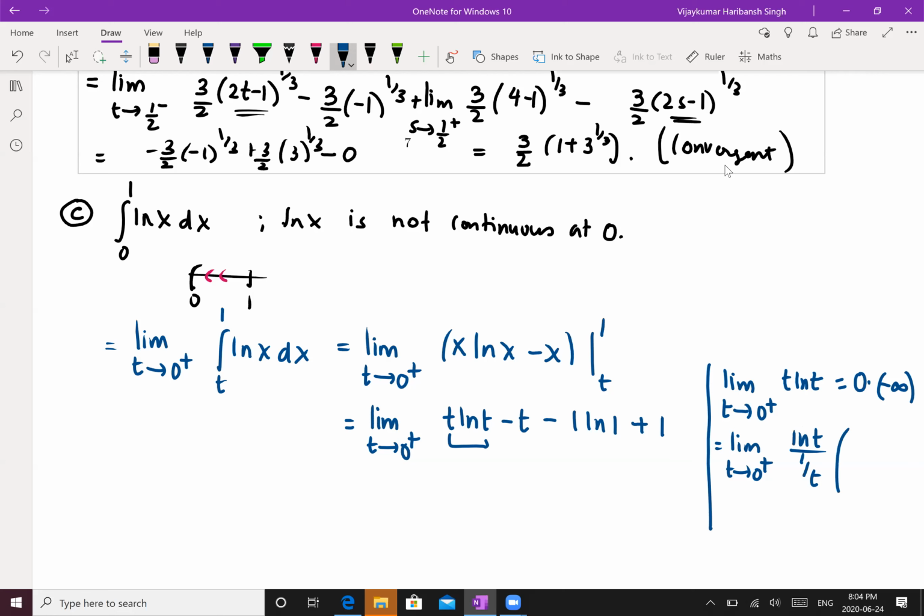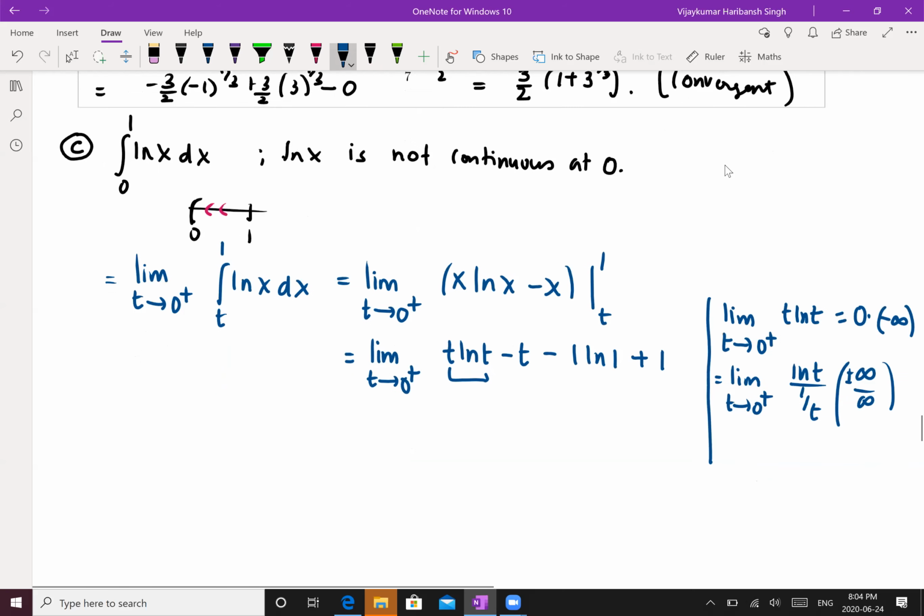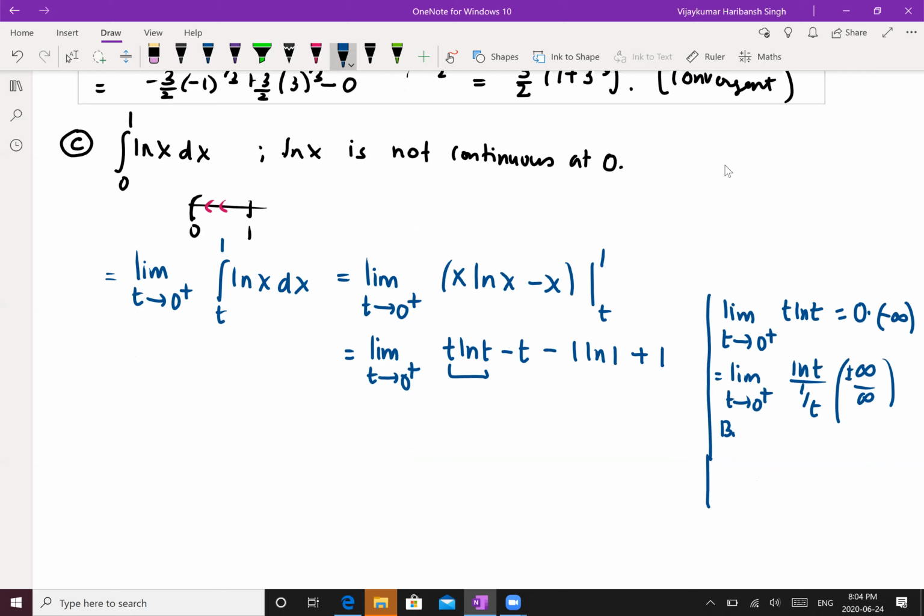Because for L'Hopital's rule, you need f of x divided by g of x, and this is going to be of this form, right? Then by L'Hopital's rule, this is going to be the limit as t goes to 0 plus, derivative of ln t is 1 over t, and the derivative of 1 by t is minus 1 by t square.